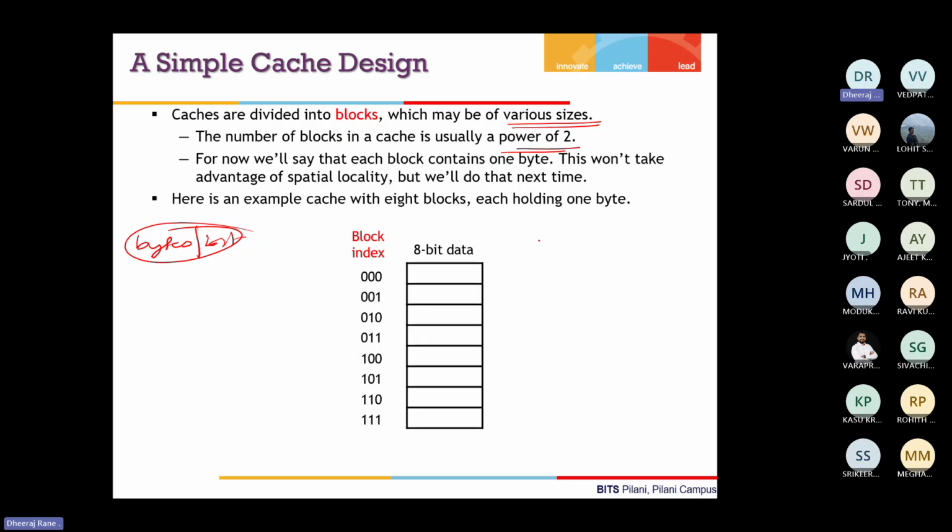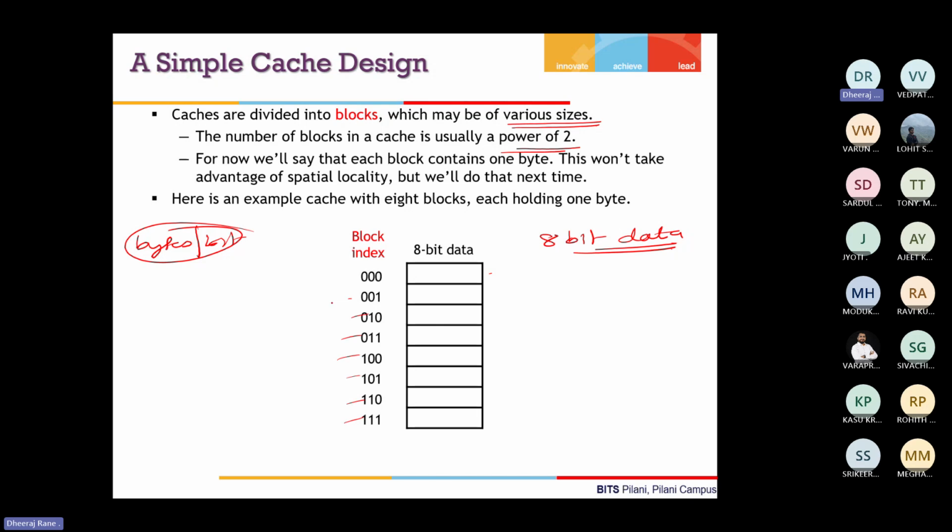So just have a look over here. If it is 8-bit data, and say you have overall blocks numbered 1, 2, 3, 4, 5, 6, 7, 8, right?